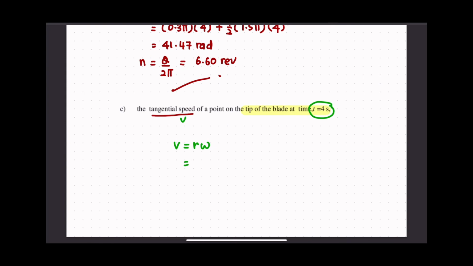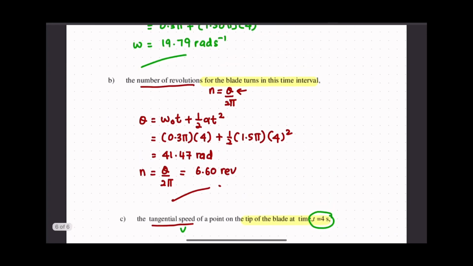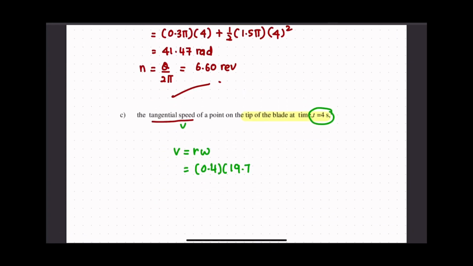So R is, what was given? 0.4, times omega, which is 19.79. So the answer is about 7.92 meter per second. Okay, tangential velocity. Alright, that's it, simple right?